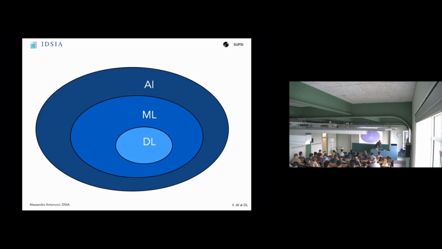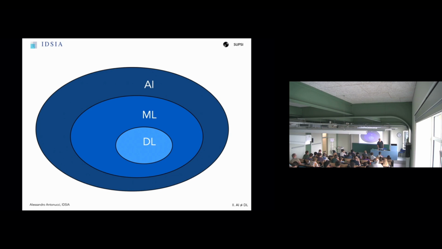Just to conclude this slot, I hope that you got this. It's not really just my idea that deep learning is not all that AI is about. It's a subset. It's a very important part, clearly, which is itself part of machine learning. So machine learning is not just deep learning, and still people use traditional machine learning in some cases, and still people need traditional AI.